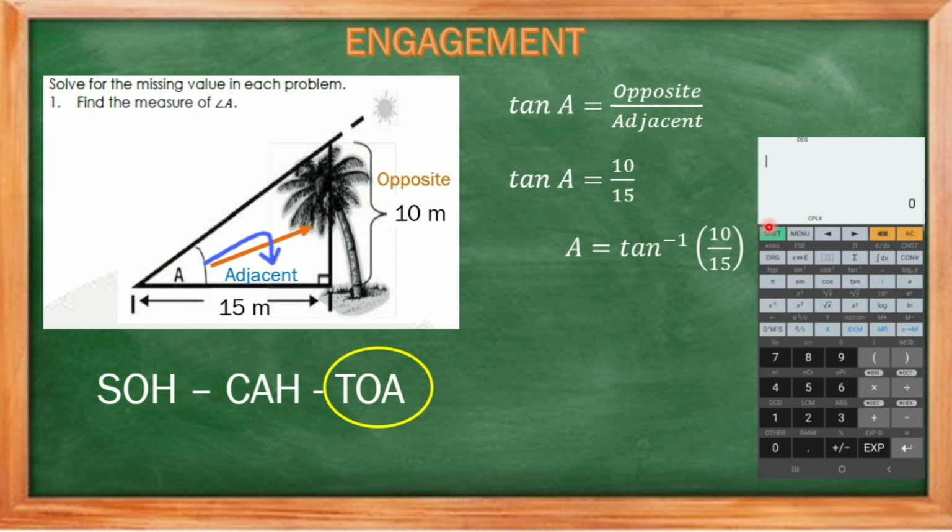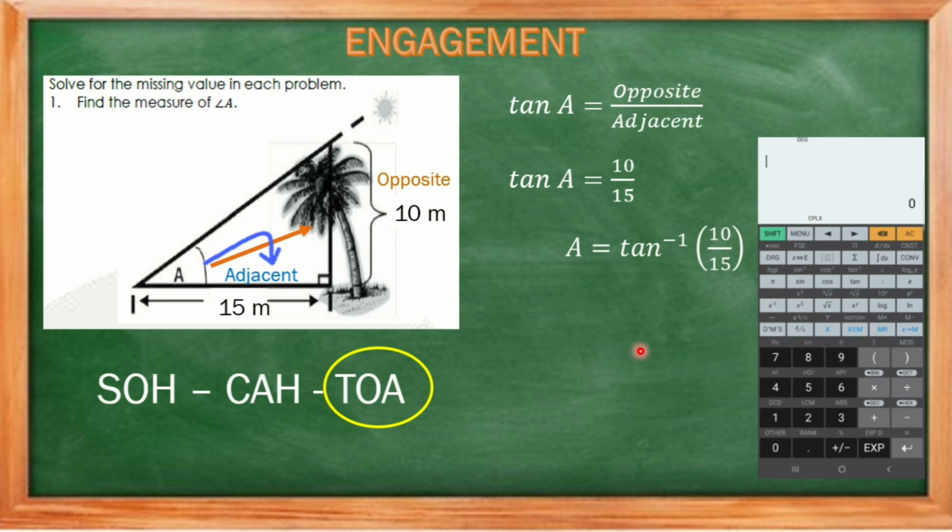Tapos, yung tan, so lalabas yung inverse ng tangent. Lalabas yung ganito sa calculator ninyo. Pagkatapos, press ninyo yung 10 divided by 15. Yung lalabas niyan, yun yung magiging answer natin or yun yung magiging estimate value natin.